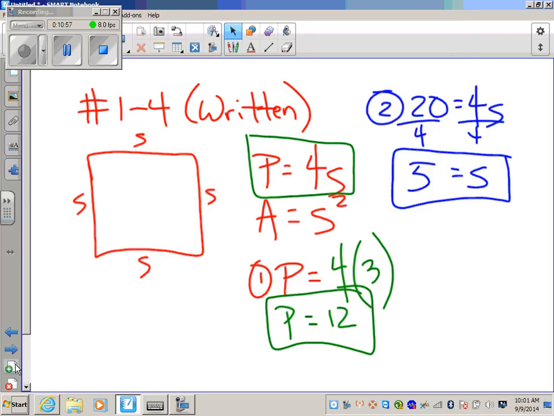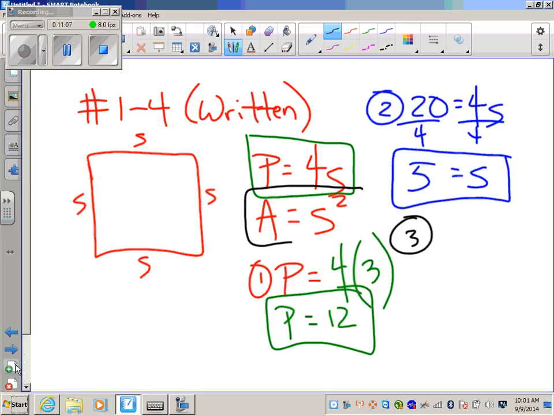Number 3. Find A if S is equal to 16. Now what formula are we going to use? 16 squared, which really means what? So you're going to have to do the work. 16 times 16.